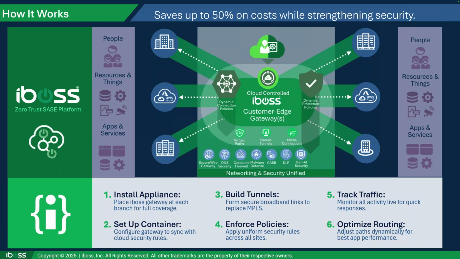It's really a 6-step process. We can ship the appliance to site directly. It can be pre-configured. It needs power and connectivity onto the network, of course. It can go inside the network or in a DMZ, for example. Normally, the customer will already have their container set up.